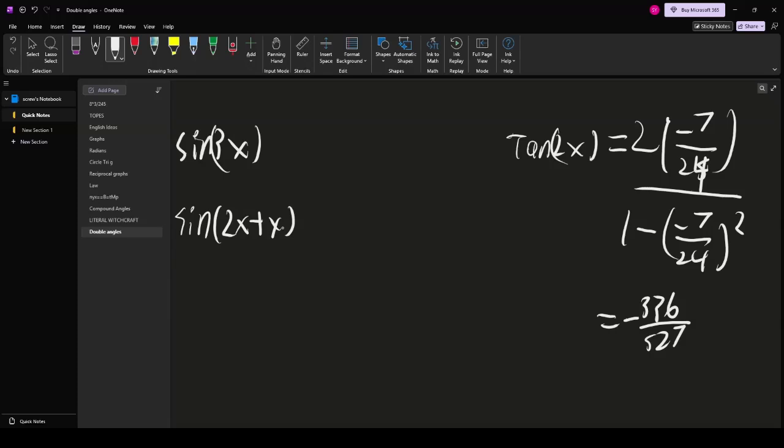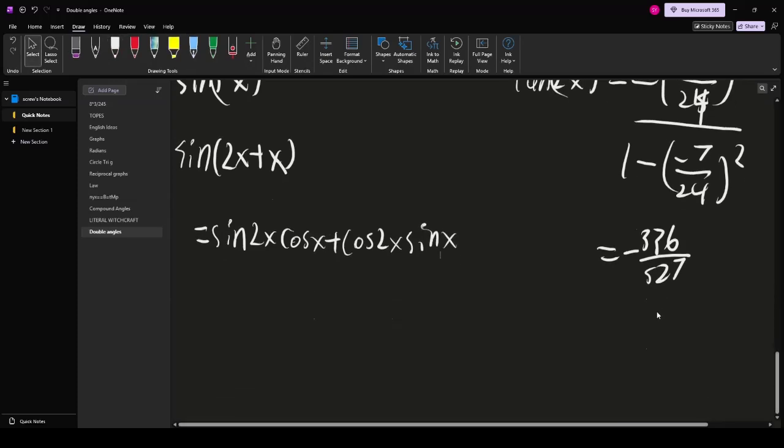And now we just apply the compound angle formulas along with the double angle formulas. So this is basically equal to sine 2x cos x plus cos 2x sine x.